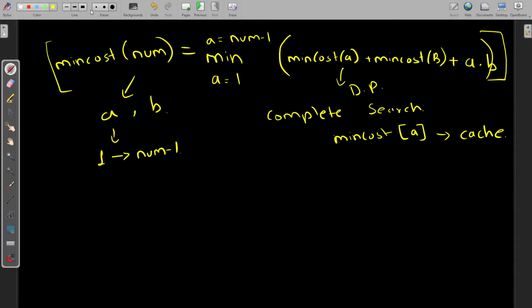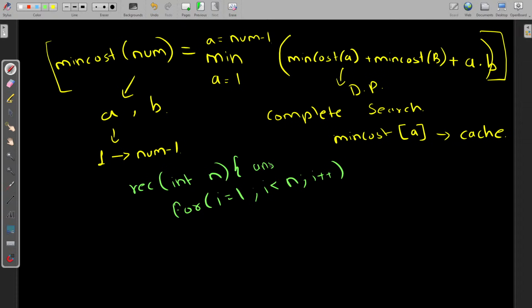It would be something like, let's say this is my recursive function. It would take an integer n, and for that integer it will iterate for i equal to 1 till i less than n, i plus plus, and we will have a global answer initialized with infinity, because we want to find the minimum value, right?